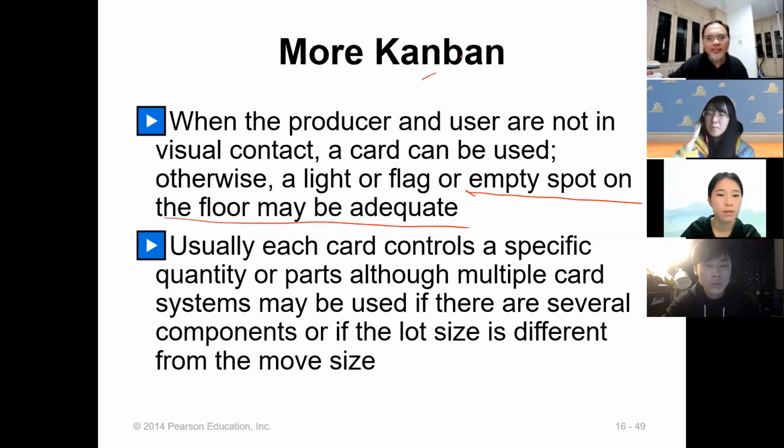So it is a system. Each card will control a specific quantity of parts, as I said just now. Although a multiple card system may be used if there are several components or if the lot size is different from the move size. So it depends on the products, depending on the process.